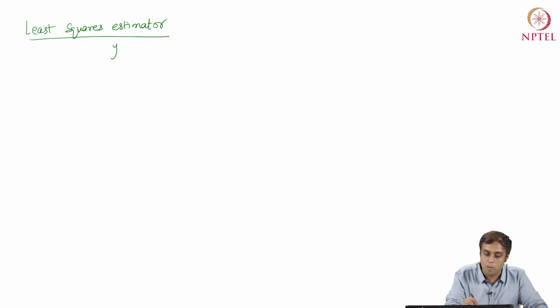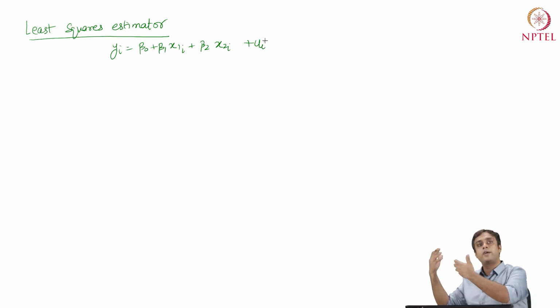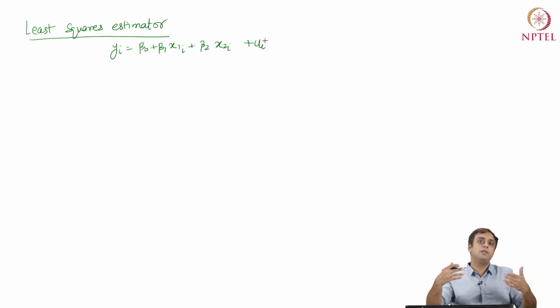So I have a model, a representation of the truth, given as follows: I want to explain yi based on a model yi equals beta 0 plus beta 1 x1i plus beta 2 x2i plus ui.